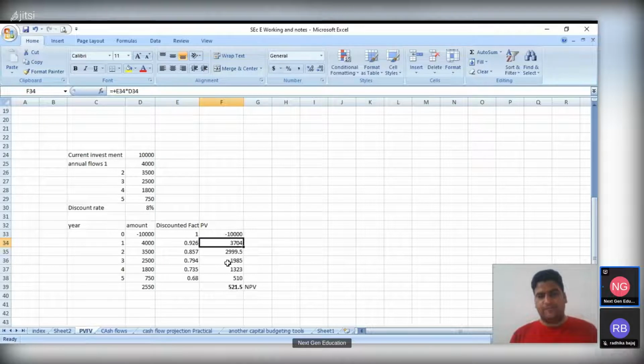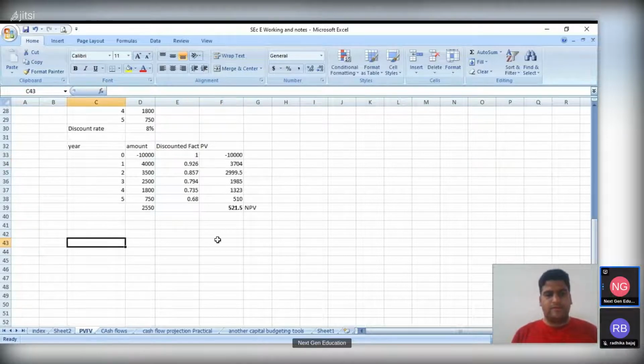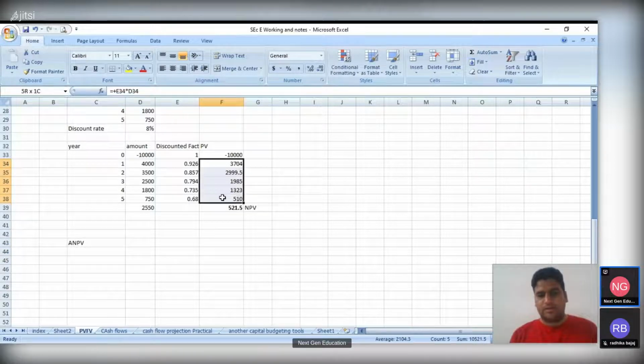But ultimately, since you are saying no, we are not going to do it, I can say yes, we have to accept this project. Why? Because the present value of your annual inflows is basically 10,521, right? And your initial investment is 10,000. This is uneven cash flows, 4,000, 3,000.